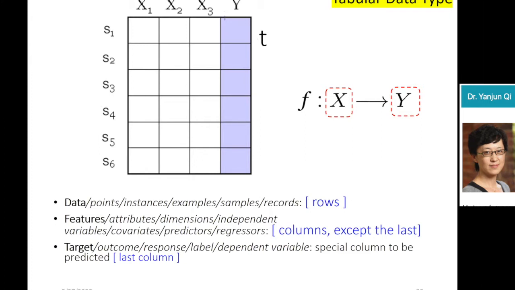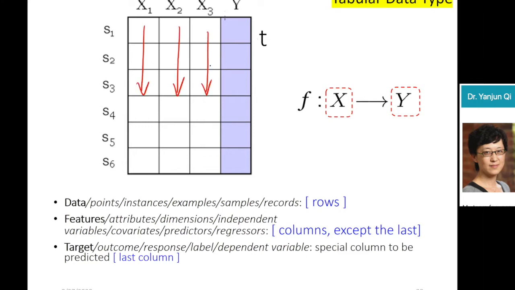We can think about the different feature variables as different columns, aligned. This is the first feature, second feature. So this is the feature direction.